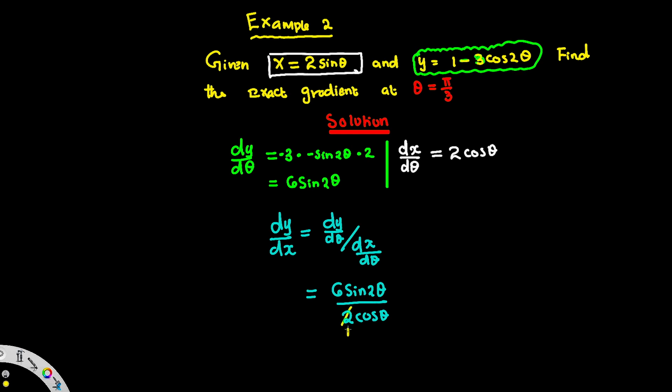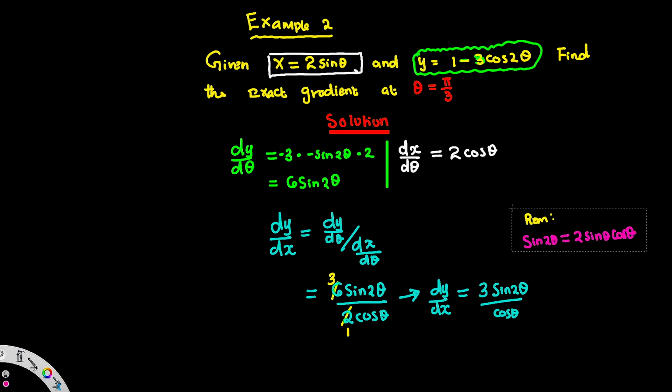We can cancel this, but you remember from double angle identities in trigonometry, we can have this much simplified, because we learned that sine 2 theta can be expressed in a particular manner.